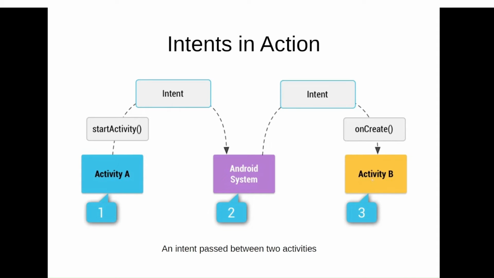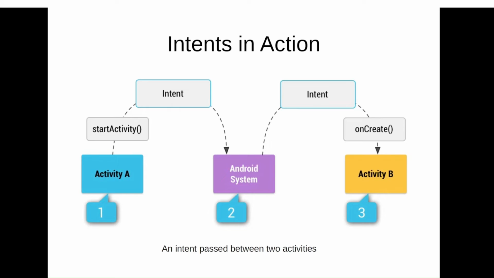We will discuss that in more detail in a later lecture, but suffice to say, when Activity A wants to start Activity B, it only asks the system to perform that action, and then the system makes a determination of if and how Activity B should be launched.